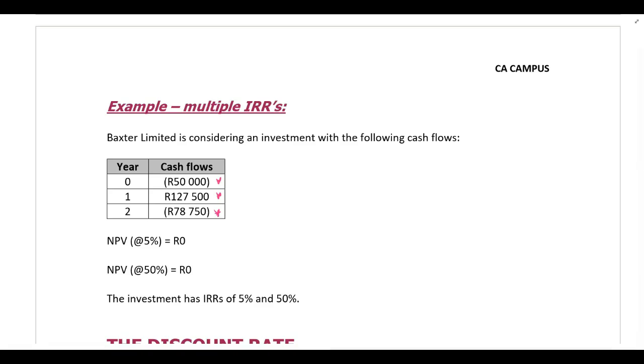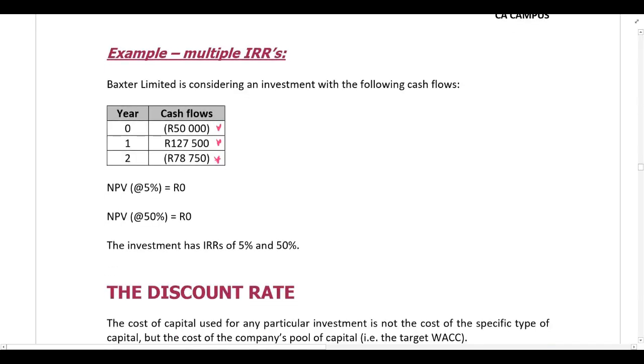And if you input these cash flows into your financial calculator, if you use a discount rate of 5%, so input these cash flows, make I 5%, you will get an NPV of 0. Similarly, if you input those same cash flows, but you make I 50% instead of 5%, you are also still going to get a net present value of 0.